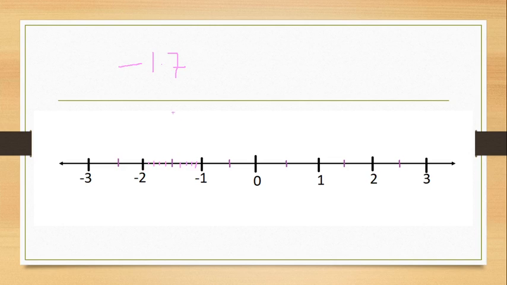Okay. Then minus 1.7. This is minus 1.1, minus 1.2, minus 1.3, minus 1.4, minus 1.5, minus 1.6, minus 1.7.